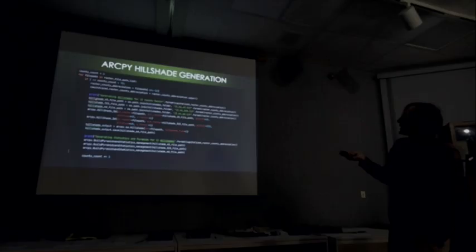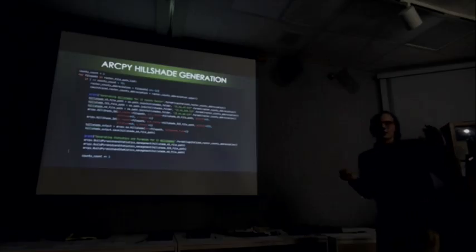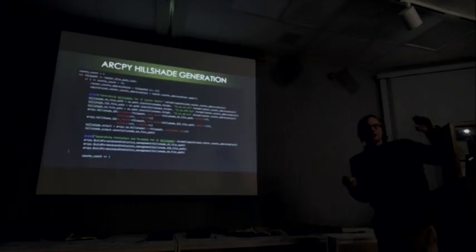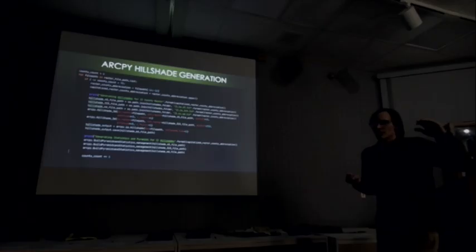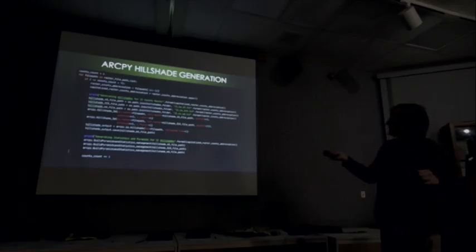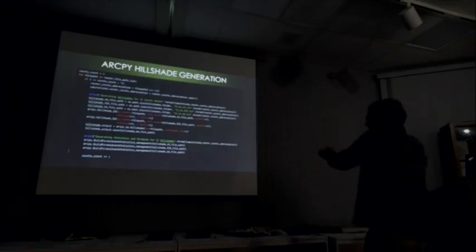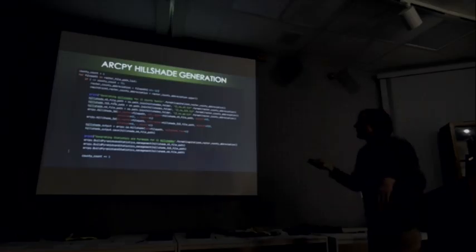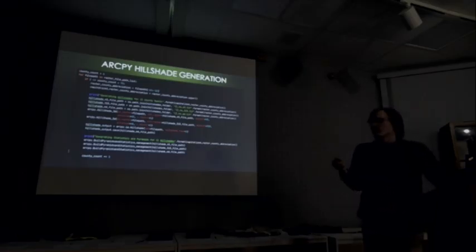So a hillshade is a raster that symbolizes the landscape using shading that makes sense based on a particular position of the sun, in this case 45 degrees, if 0 degrees is north, and 315 degrees as well for a separate raster, so you can use them in contrast.